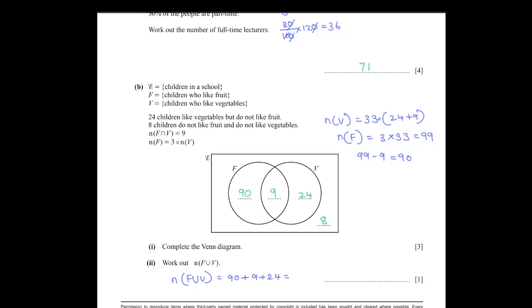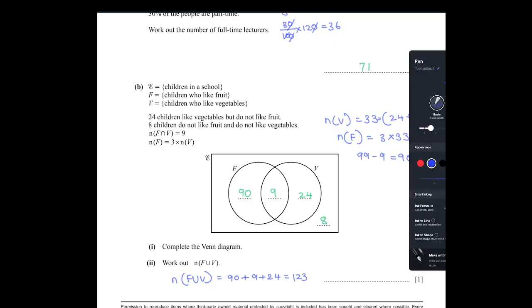Oh sorry, it's not 9, I did not take 9. 90 plus 24 is 114... the working gives 9 plus 24, 123. So the answer here is 123.